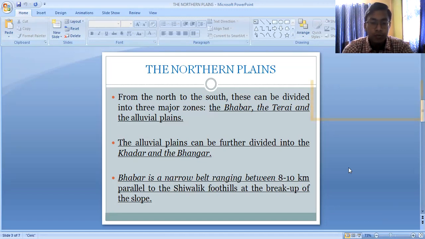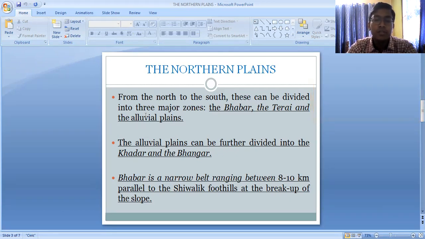The alluvial plains, the third division of the northern plains, can be further divided into Khadar and Bhangar.